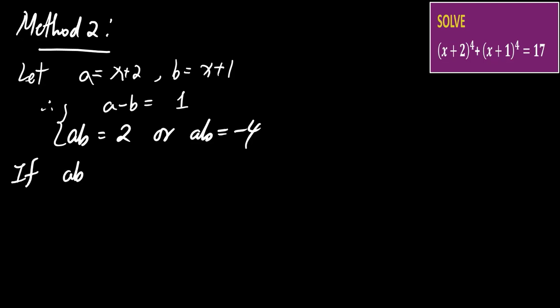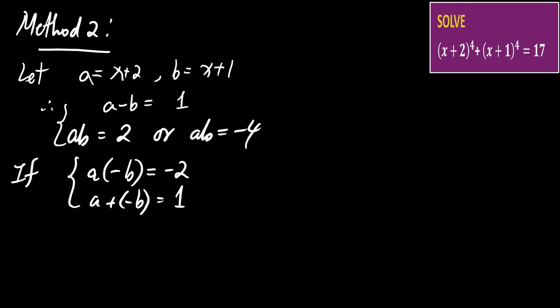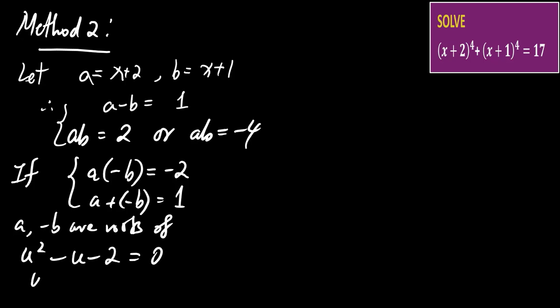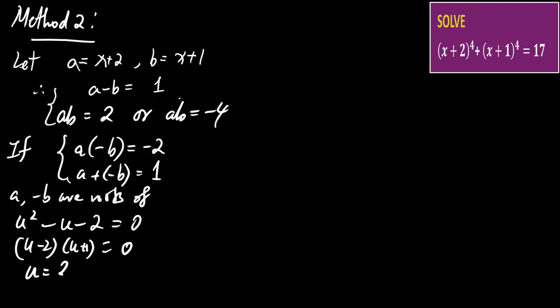So if ab equals 2, meaning that a times negative b equals negative 2. Together with a minus b equals 1, we can say that a and negative b are roots of u squared minus u minus 2 equals 0. So (u minus 2)(u plus 1) equals 0. u equals 2 or u equals negative 1.